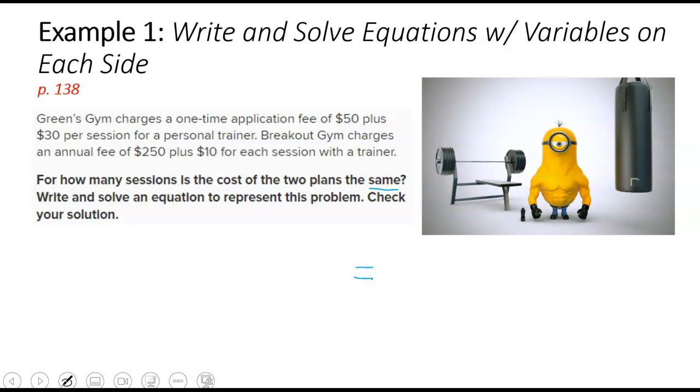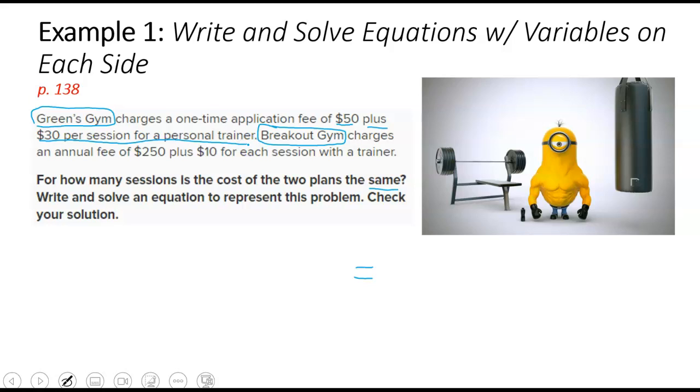So on one side, we want an expression that represents the cost for Green's Gym, and on the other side, we want an expression that represents the cost for Breakout Gym. So let's look at each sentence, and each sentence is going to correlate to one side of this equation. Green's Gym charges a one-time application fee of $50 plus $30 per session for a personal trainer.